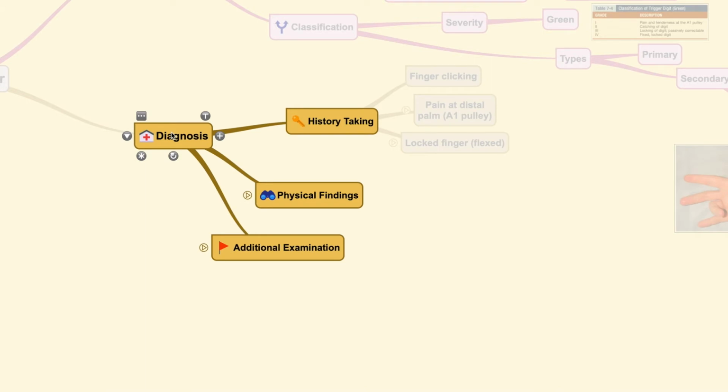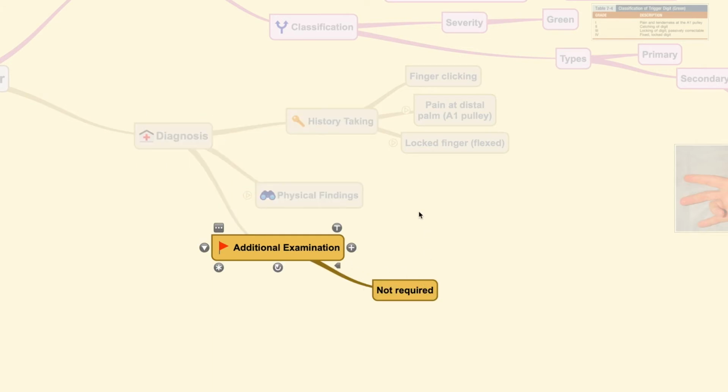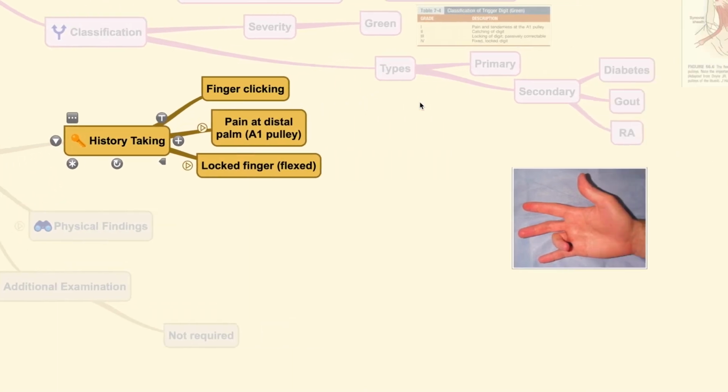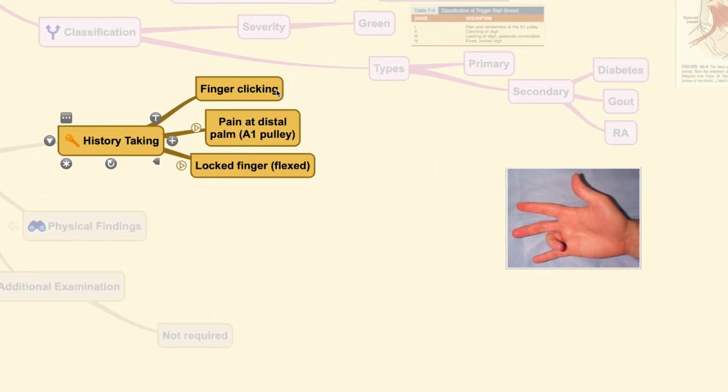To make a diagnosis of trigger finger, you only need a good history taking and a good physical examination. Additional examination is usually not required. For history taking, you may find various symptoms such as finger clicking.